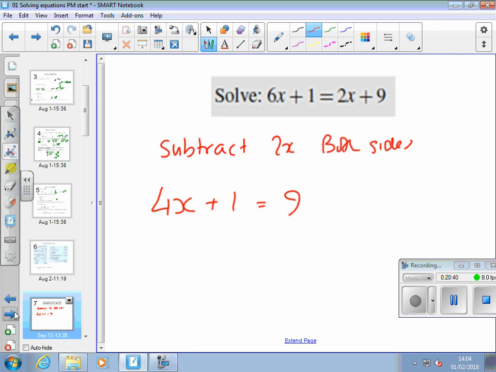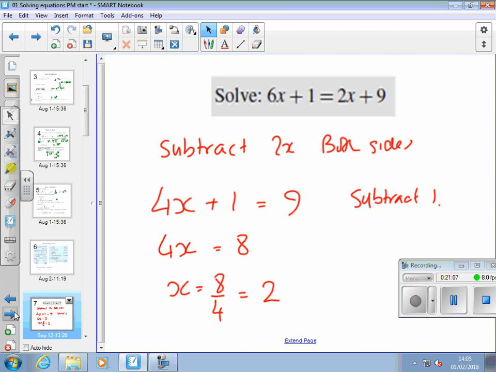And then subtract 1, and then formally divide by 4, giving x equals 2. Equally, you could have subtracted the 1 first and then moved the 2x. There was more than one order you could have gone in and got to the same answer. Yeah?